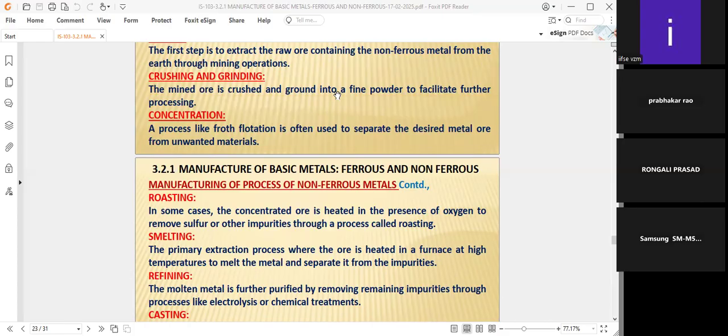That's why we want to remove unwanted materials by getting the non-ferrous materials. There are three methods. One is concentration. In the concentration, flotation is one method, roasting is one method, and smelting is the third method. Depending upon the ore nature, we have to select the flotation, roasting, or smelting method.